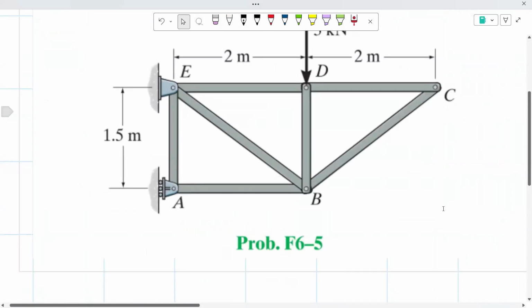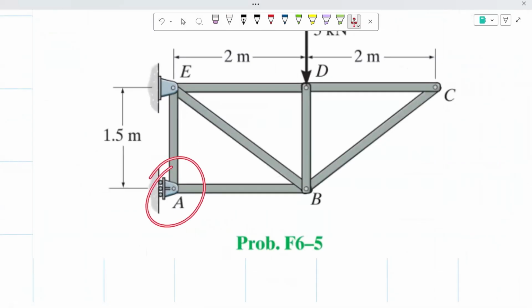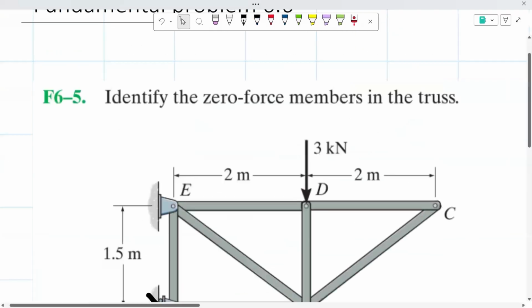So here at point A, we can see that we have a roller, meaning we're going to have one reaction that's vertical to the support. So I'm just going to draw it going towards the roller. And then at our point E, we have a pin support, meaning we're going to have two reactions.